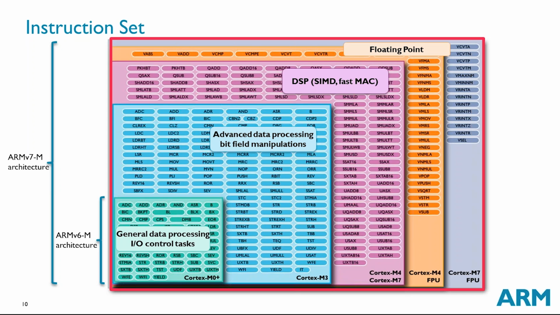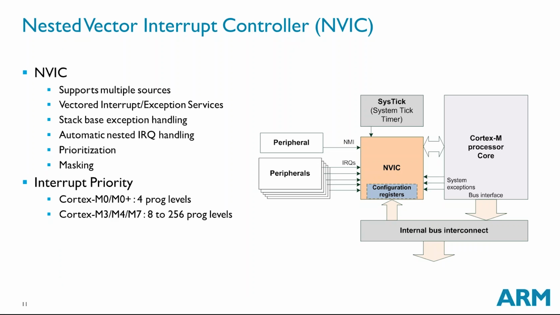On to the interrupt management system. The interrupt handling is built into all Cortex-M cores and is a unit called the Nested Vectored Interrupt Controller, or NVIC for short. The NVIC supports a number of interrupt sources, a non-maskable interrupt, a SysTick timer, and a number of system exceptions.